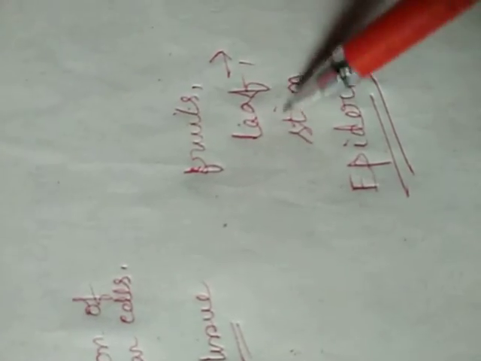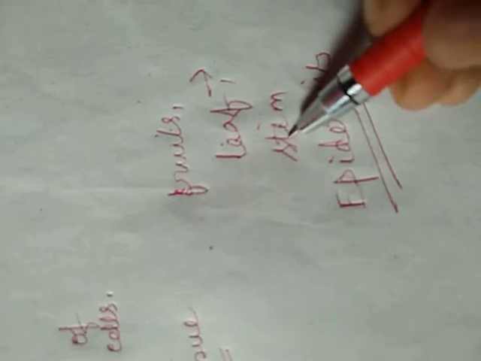In the case of fruit, leaf and stem, the outermost layer is called epidermis. The epidermis is a tissue. Why? Because it is made up of more than one cell. When a group of cells is present, they form the tissue.